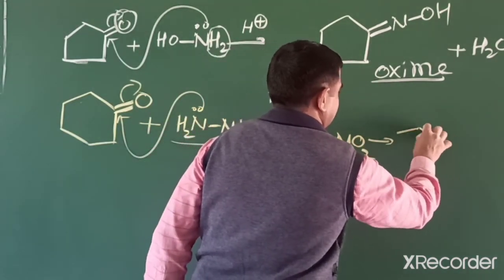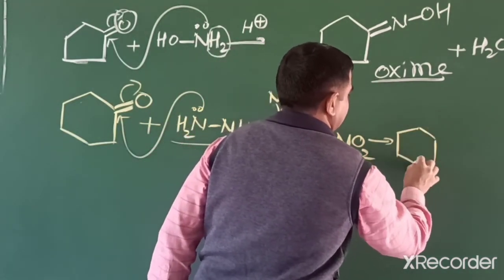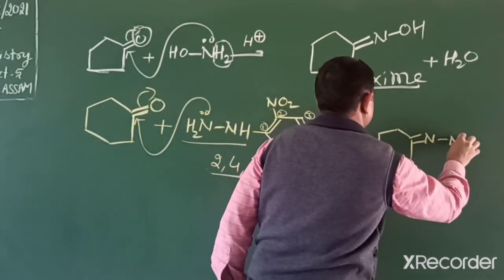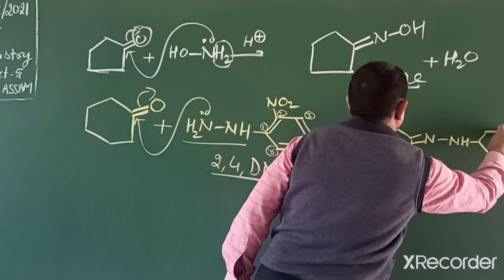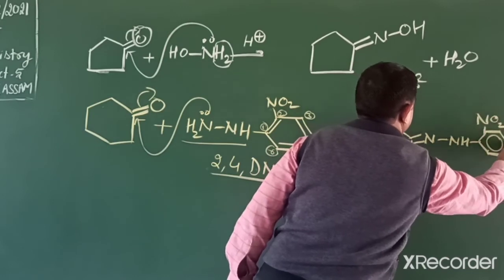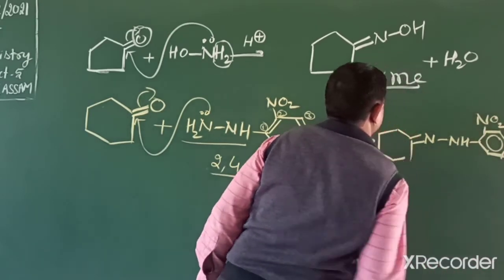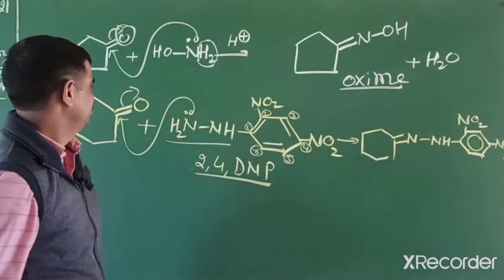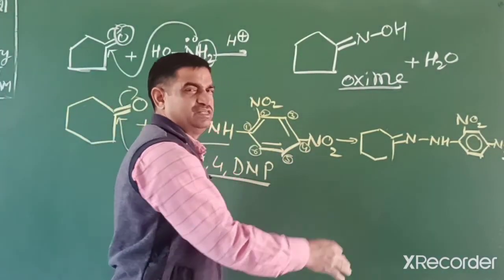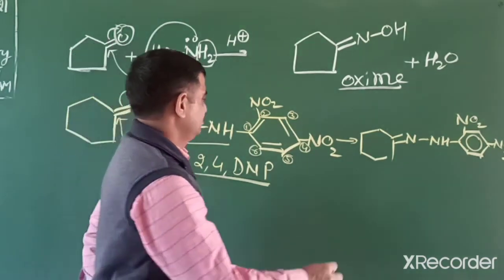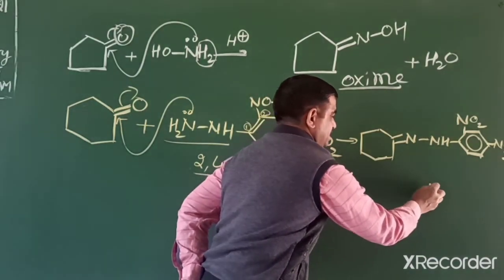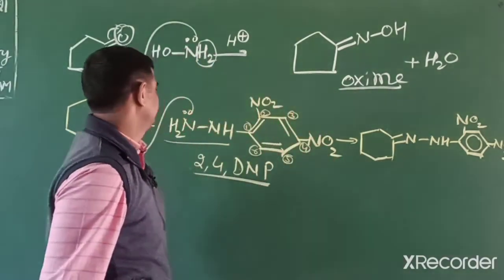So the product we can write like this. The product name is 2,4-dinitrophenylhydrazone, meaning hydrazone is the product name, and we write the suffix hydrazone.